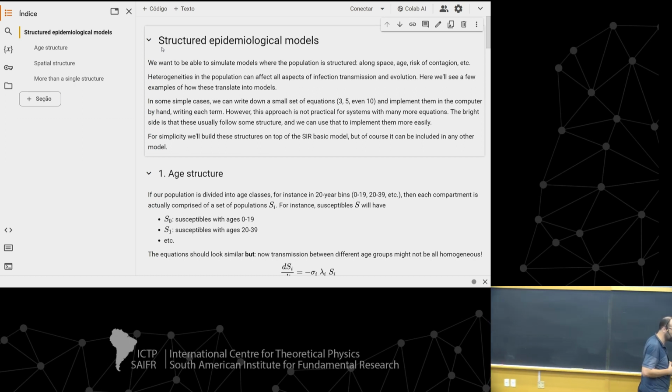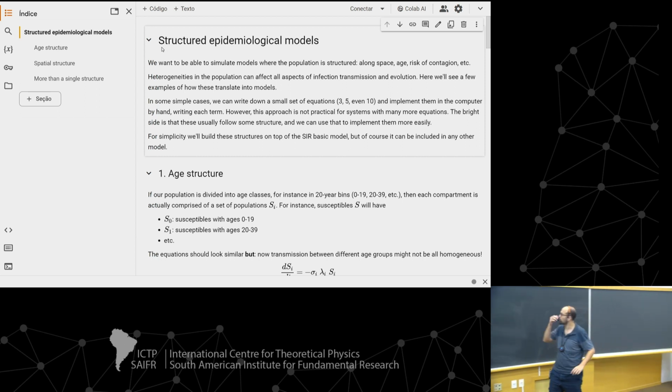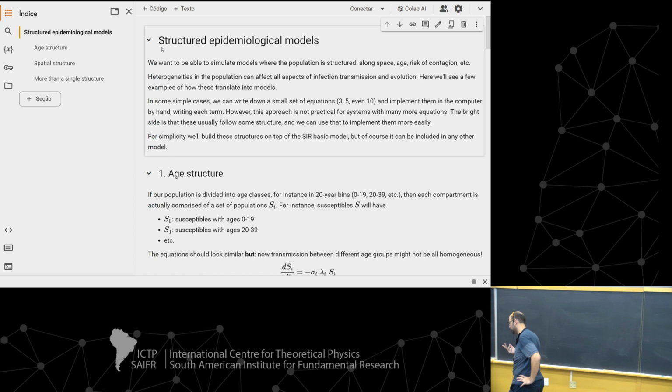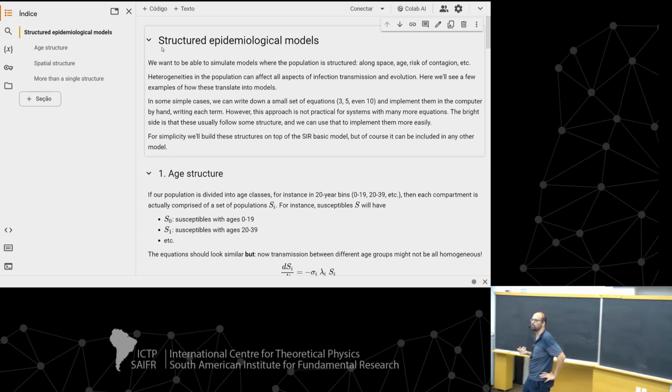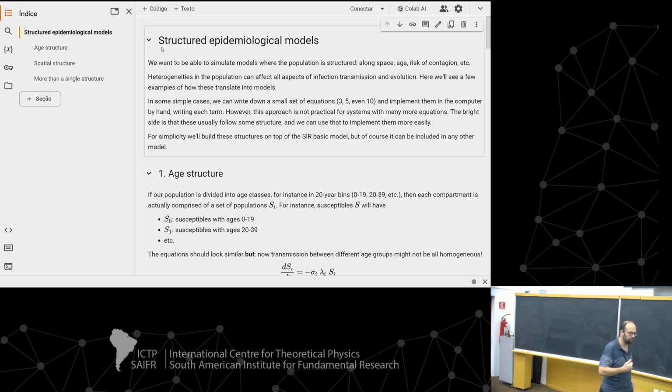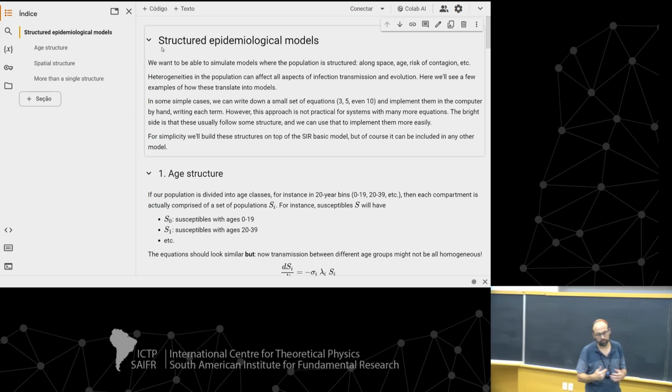I want to start by talking about structured models. So what do I mean by structured models? It means that so far we have been dealing with compartmental models. What is a compartmental model?